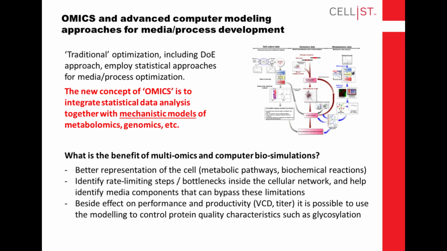We can use it to identify rate limiting steps, the bottlenecks inside the cellular network, and we can find specific components that can bypass those limitations. Beside effect on performance and productivity, you can also use this kind of modeling to control or predict protein quality characteristics, such as the glycosylation profile or charge variance.